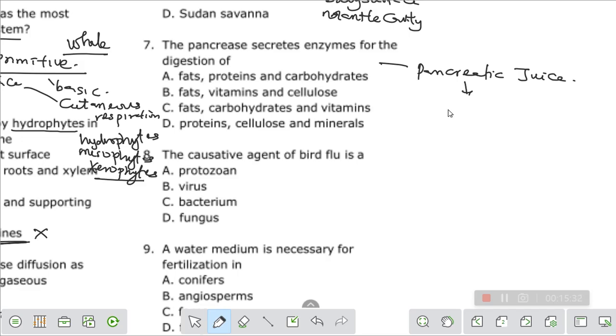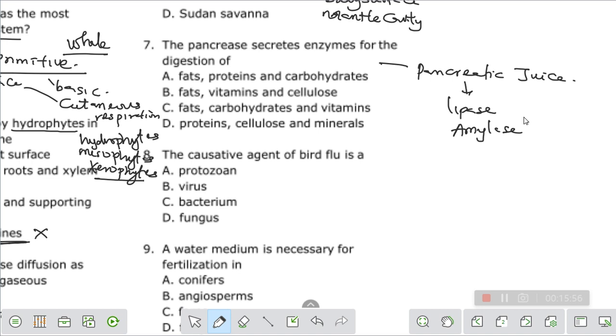So the pancreas produces the following. It produces lipase, right? That's the pancreatic lipase. It also produces an enzyme called amylase, right? What else again? It also produces an enzyme called trypsin. Now lipase is from the word lipid, right?